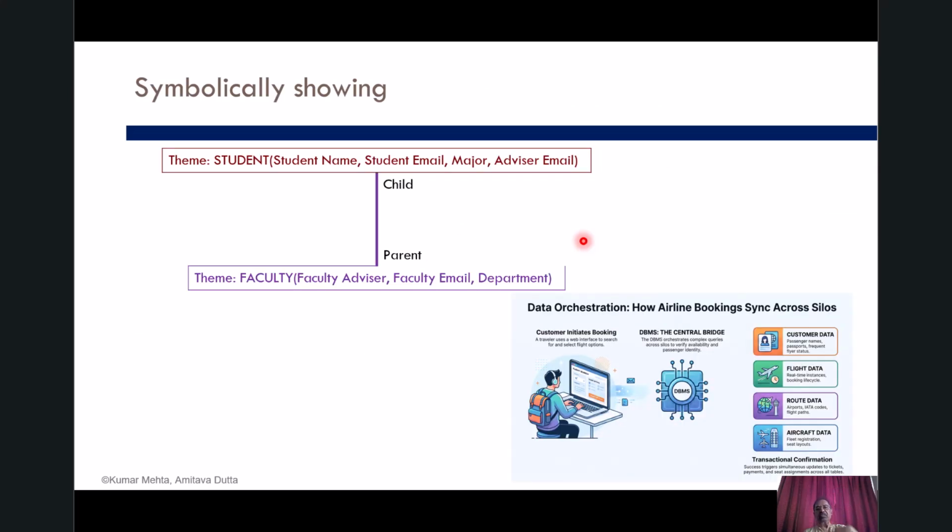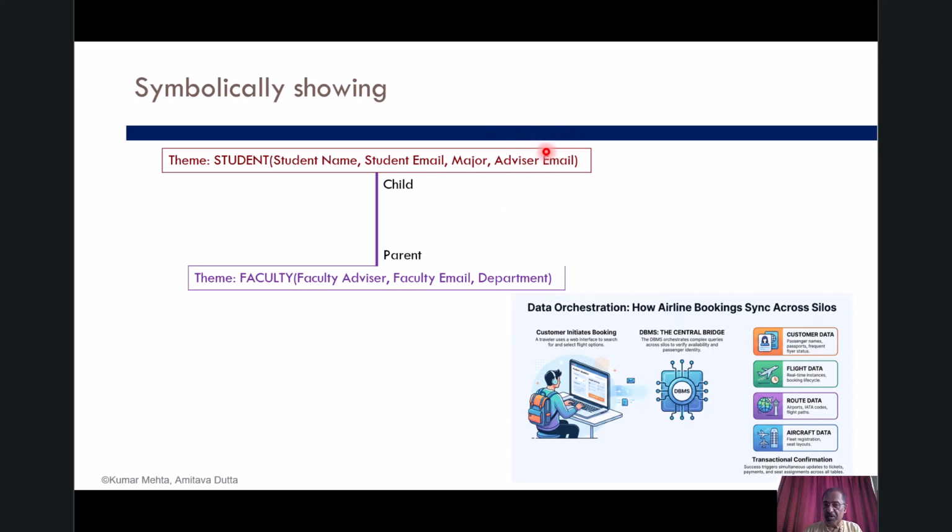So pictorially, how do we show the themes that we have identified and the parent-child relationship? You show the two themes with their names on them, and the columns that make up each theme. In this case, student has four columns: student name, student email, major, and advisor email. Notice that the reference column is also included in the theme.